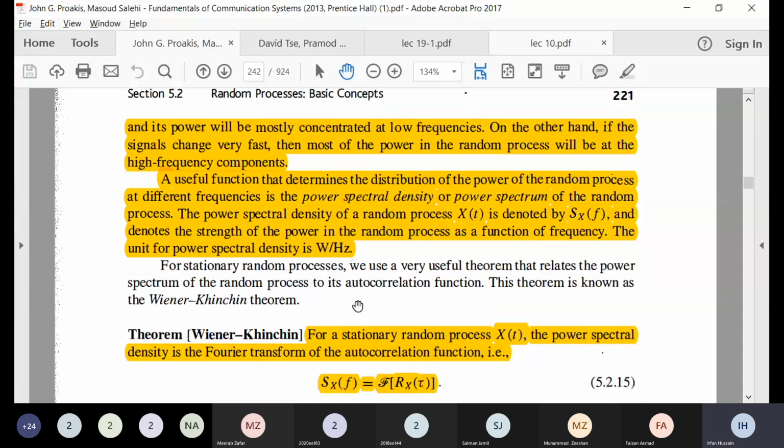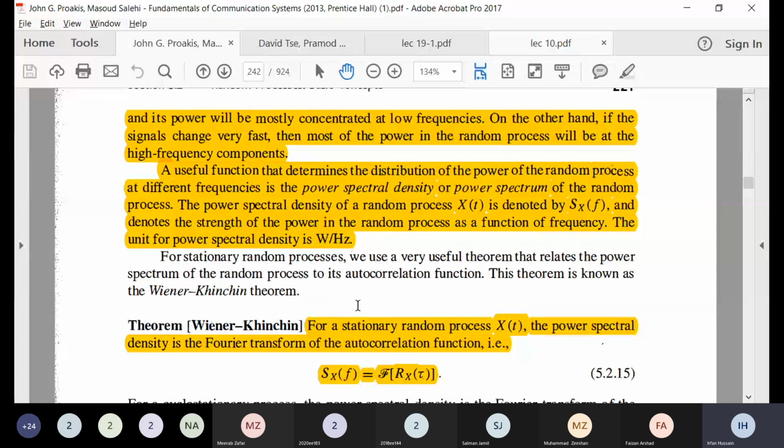So what is the function that we can use to find the power of the various signals in the random process? That is called power spectral density, or the power spectrum of the random process. This is a very useful function which gives us the distribution of the power.